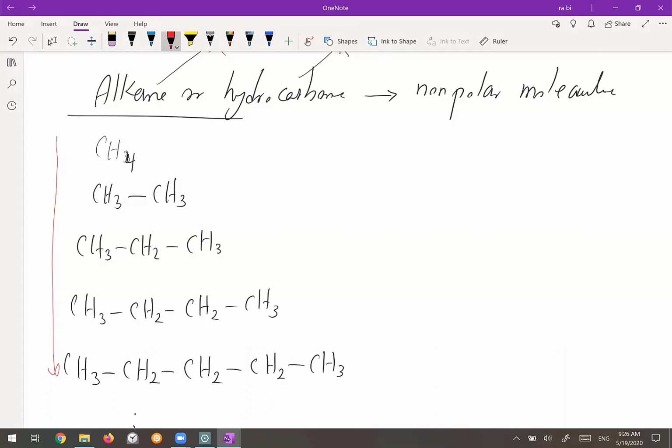That's why the boiling point and the melting point increase. So the first member, methane, which is the smallest, has the lowest melting point and boiling point. Actually, for the first four alkanes, methane, ethane, propane, and butane, the melting point and boiling point are low, below room temperature, so they are gases.